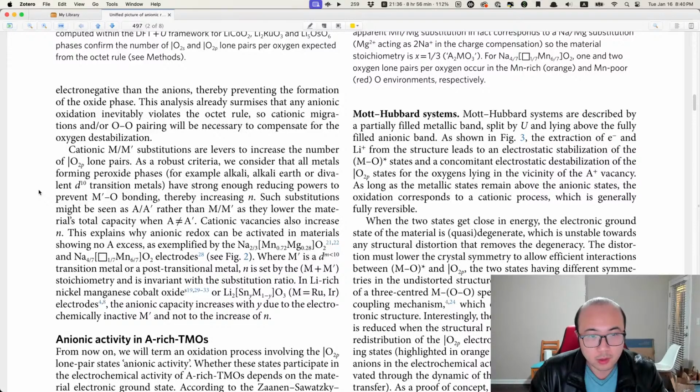Okay, as a robust criteria, we consider that all metals forming peroxide phases have strong enough reducing powers to prevent it, thereby increasing N. Such substitution might be seen as AA rather than MM, as they lower the material's total capacity when A is not equal to A prime.